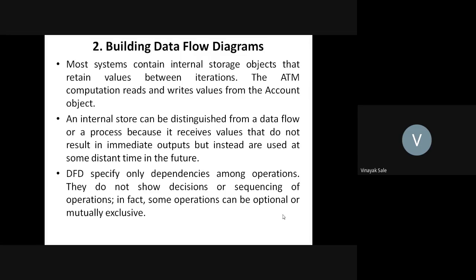An internal store can be distinguished from a data flow or process because it receives values that do not result in immediate outputs but instead are used at some distant time in the future. A DFD specifies only dependencies among the operations. They do not show decisions or sequencing of operations. In fact, some operations can be optional or mutually exclusive.